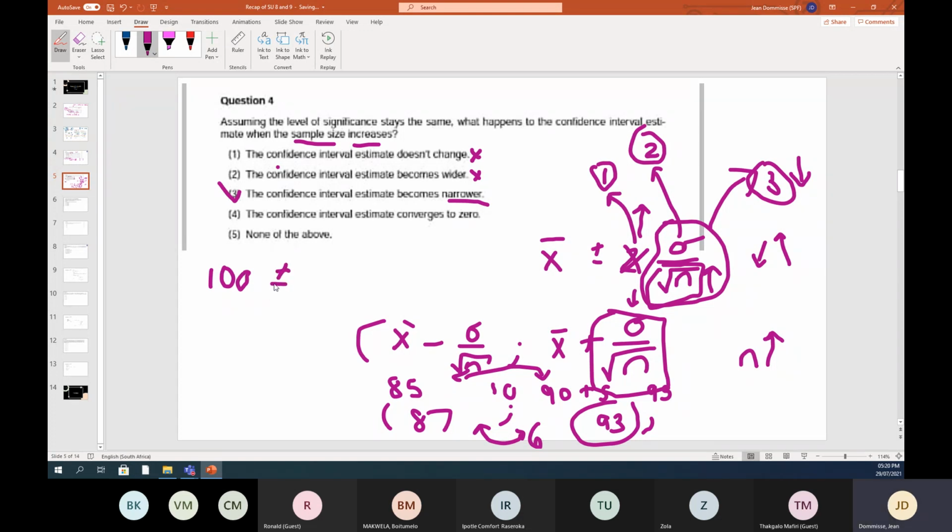They tell us that z is the same, so let's assume it is 1.96. You could add a standard deviation for yourself, and then say, okay, let's assume the sample was 10, and now the sample is 100, and see what the effect is on your answer.